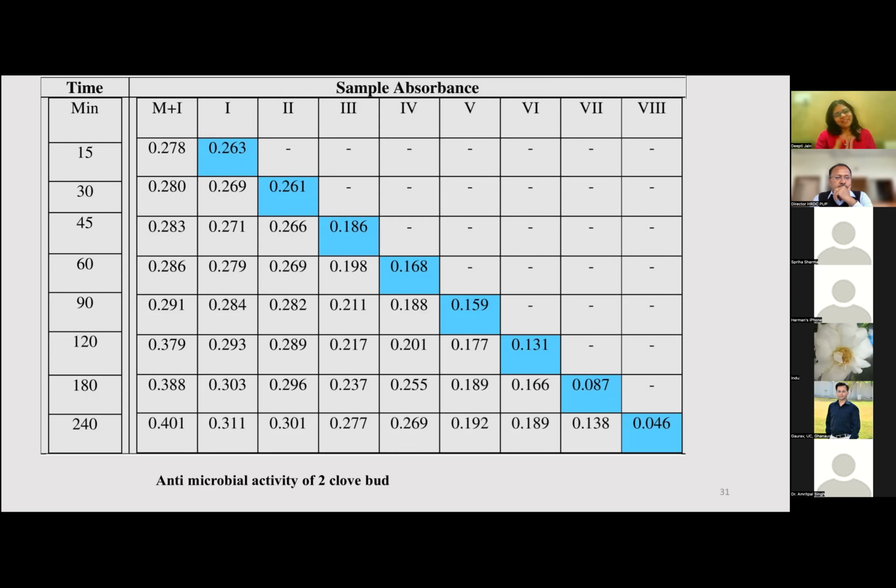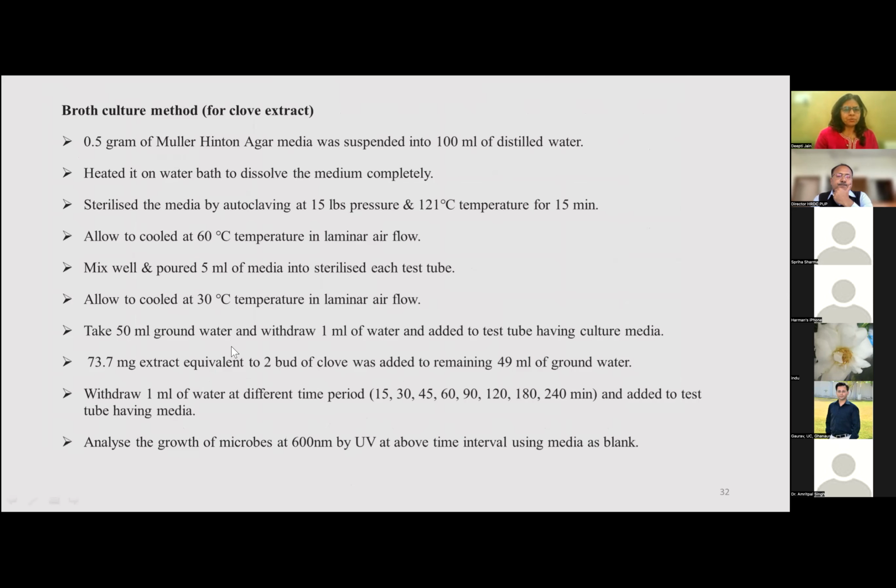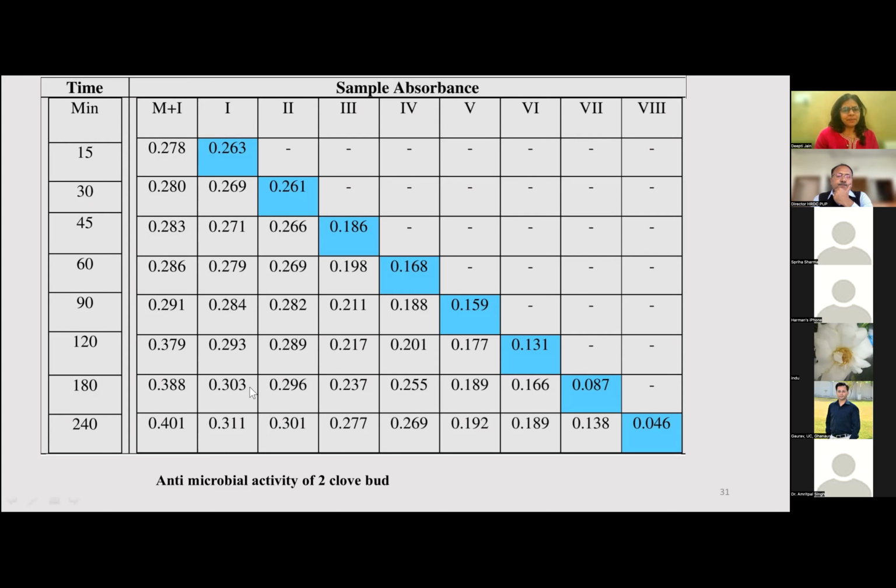Here I want to say that in the sample we took after 15 minutes, 100% of the microbes are not removed. So whatever microbes are still there have started growing and multiplying. From 0.263, it becomes 0.311.